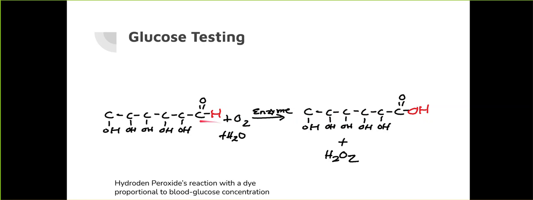And you're going to convert this into a carboxylic acid, so you're getting the RCOOH on the end here. But you're going to form hydrogen peroxide in the concentration equivalent of what the glucose was. So for 1 mole of this, you're going to get 1 mole of this. So they react this with a dye and they can measure your blood glucose concentration.